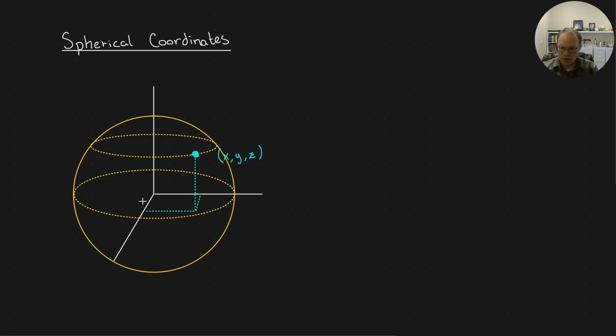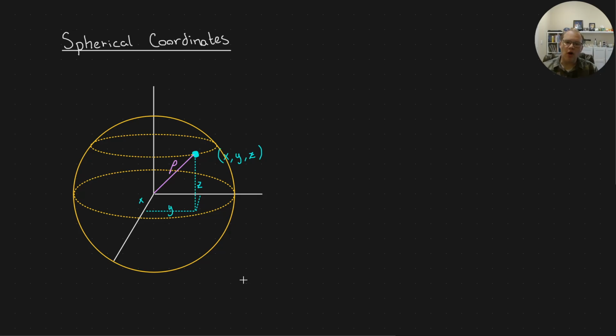So, of course, in rectangular coordinates, we have our x, we have our y, we have our z. We need a set of coordinates to be able to describe a point that naturally lies on a sphere. So for that, we of course want the radius of the sphere. For the radius of a sphere, we use the Greek letter rho.